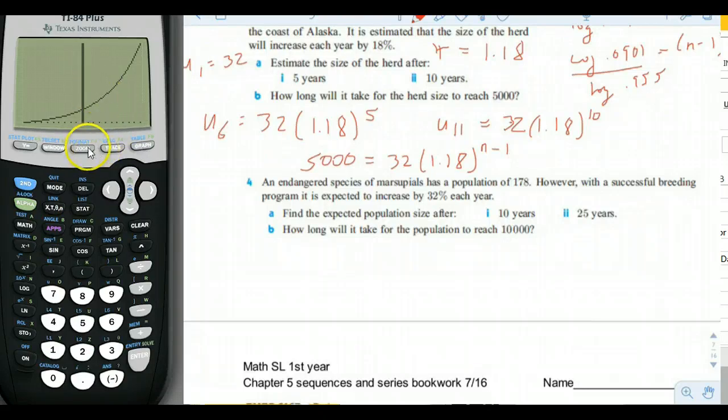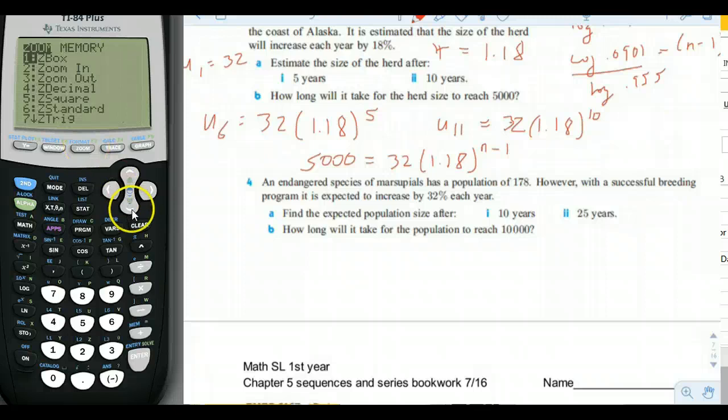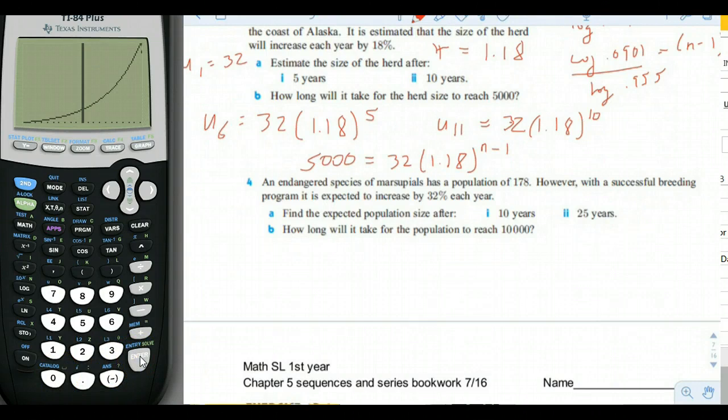And I think that may be off the screen. So let's do zoom fit again. Now it's going to graph again, and hopefully we can see it. Oh, it's way over to the right. So we need to move over more to the right.